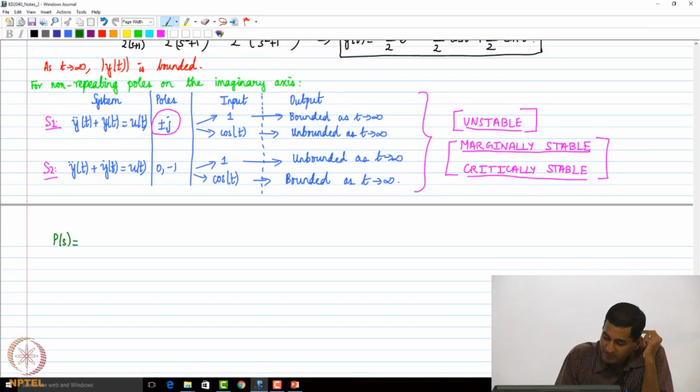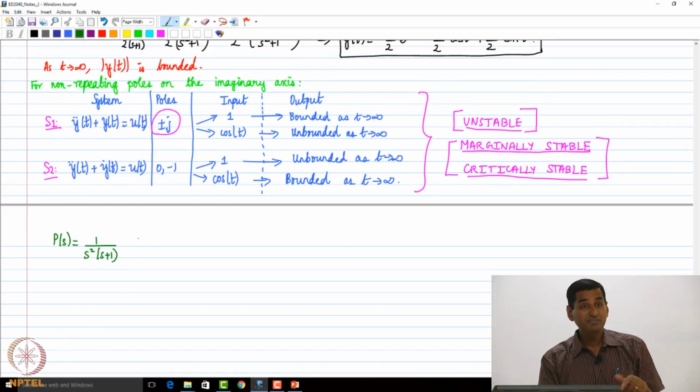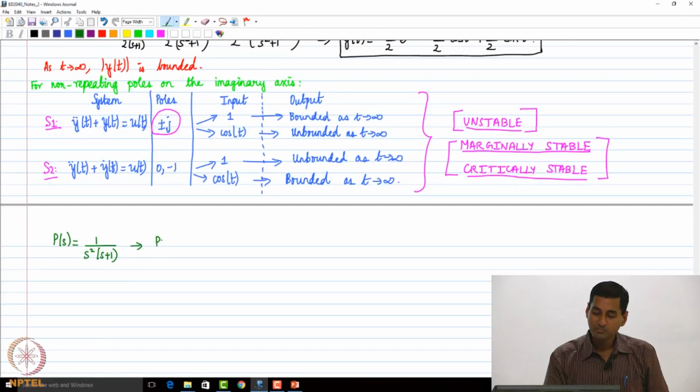Yeah. So for example, I'm just considering this as an example. If you have a repeating pole, what are the poles of this transfer function? You have 0, 0, minus 1. So with repeating poles, this system is unstable. One can show that.